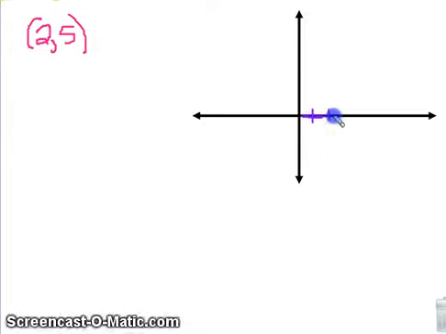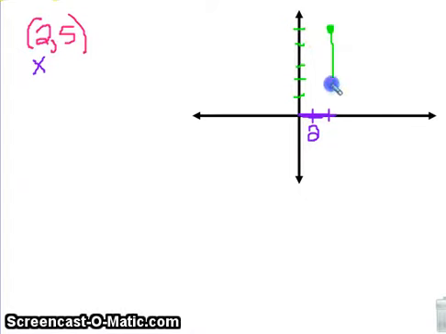So this base of my triangle, or the x, obviously, is going to be 2. And then we are going to go up 1, 2, 3, 4, 5. I know that's not very even, but the height of this triangle is then going to be 5.